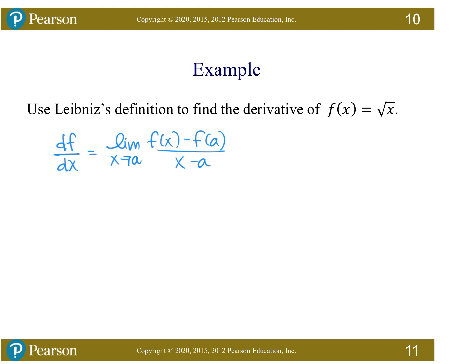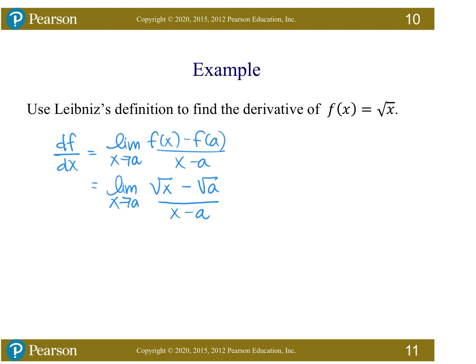All right, and then you show me how this works out. So then this will equal f of x is rad x minus, what's f of a? It's rad a. Okay, so if the function is the square root function, then square root x minus square root a over x minus a.